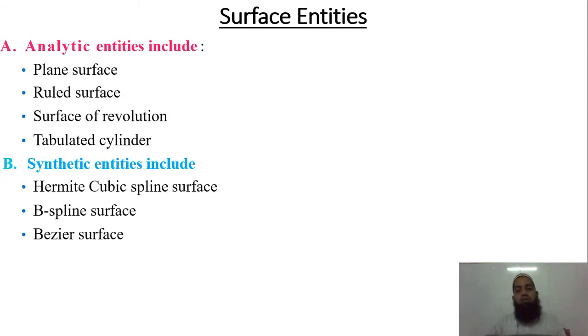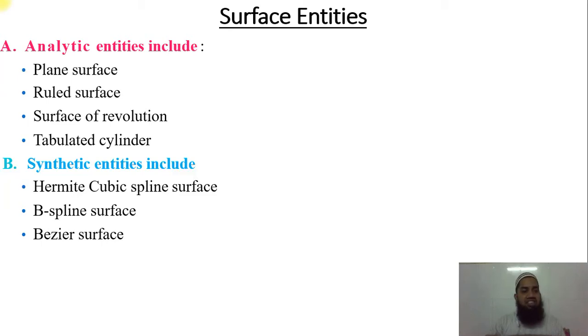Next, most important, what entities are there in surface modeling? What are the different types of entities? The first is analytical entities, and the second is synthetic entities. Analytical entities include plane surface, ruled surface, surface of revolution, and tabulated cylinder.